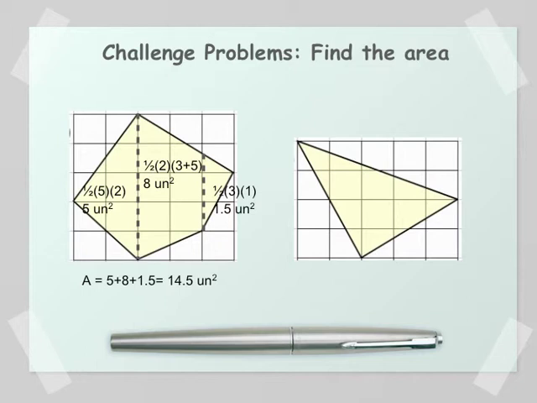Now the figure on the right, I decided to look at that as a subtraction problem. First of all, I saw that outer rectangle, which is 20 square units, and I noticed that the vertices of that shaded triangle hit what we call lattice points on the grid. So it would be very convenient to find the area of those 3 unshaded triangles. So the unshaded triangle on the left is 4 square units.